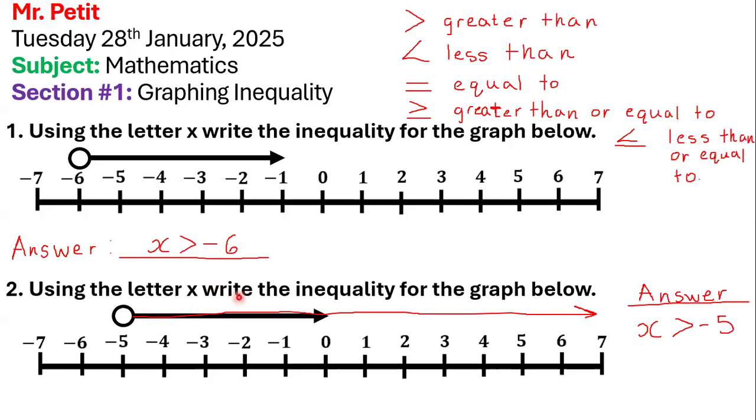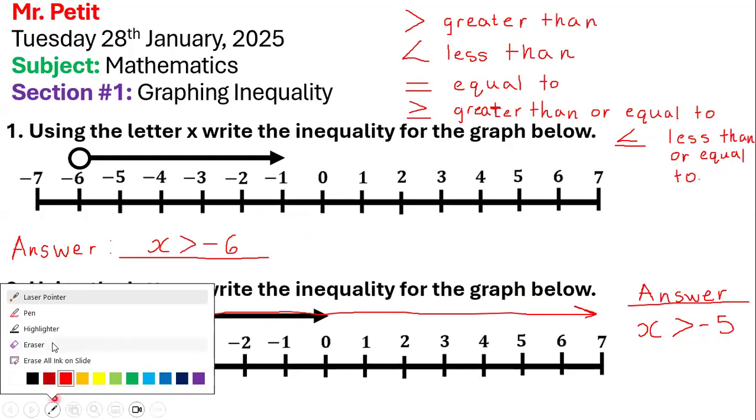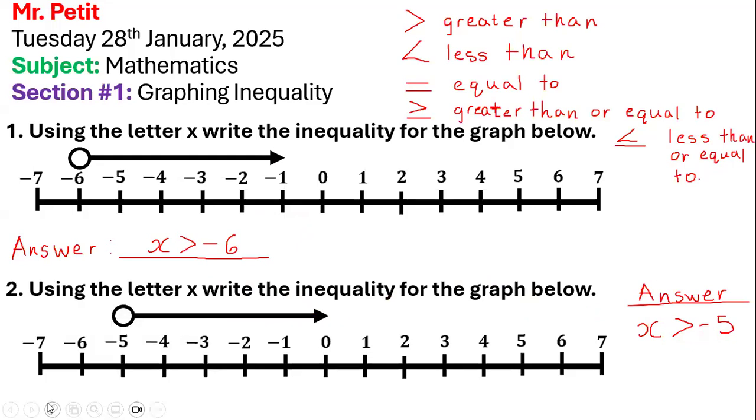So for this one, we say that X is greater than -5. Now, what if we had this bubbled in like this? It would be greater than or equal to.